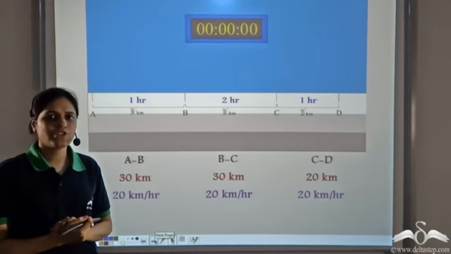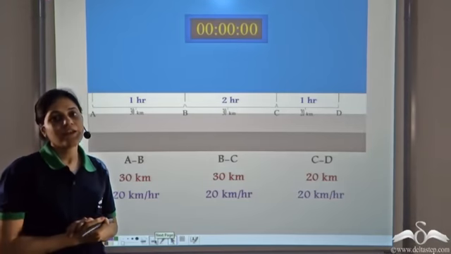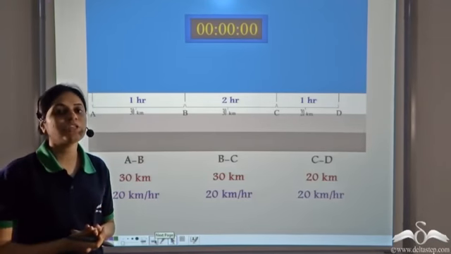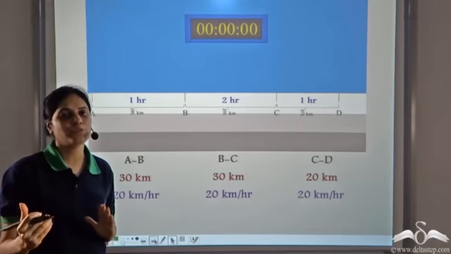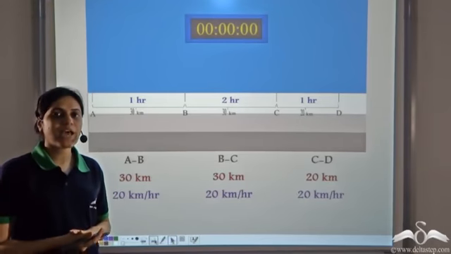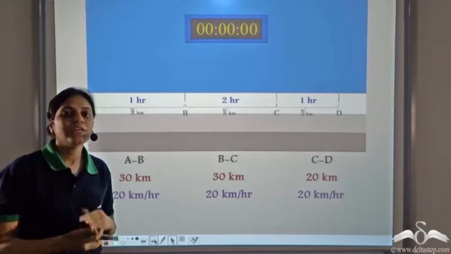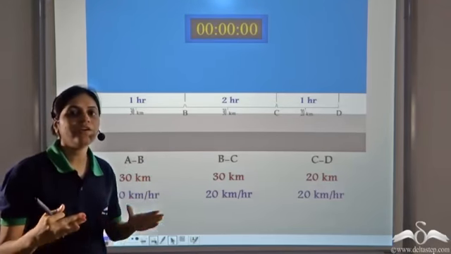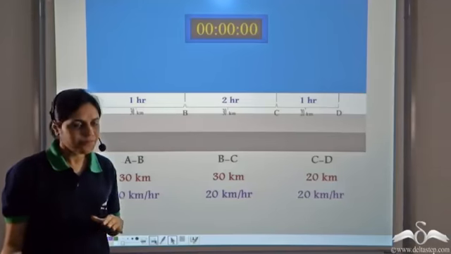So what is actually average speed? Well, when we prefix average to any quantity, we assume that the quantity is uniformly distributed throughout. So when we say average speed, we mean that the distance traveled is distributed uniformly over the time intervals.